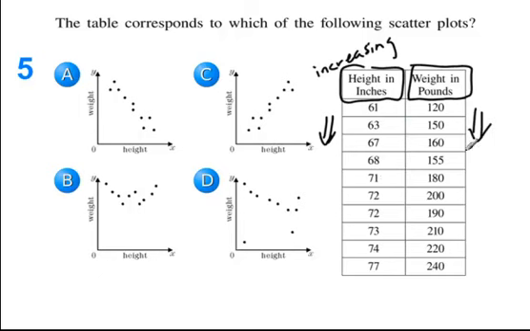As we go down this table, 120, 150, it's also increasing. Okay? So by using the numbers here, we know one's increasing, the other increasing. So we know that's a positive correlation, which puts it right there. Letter C.